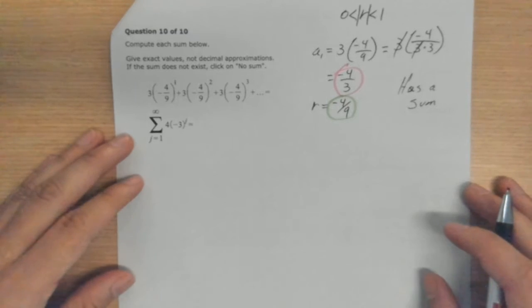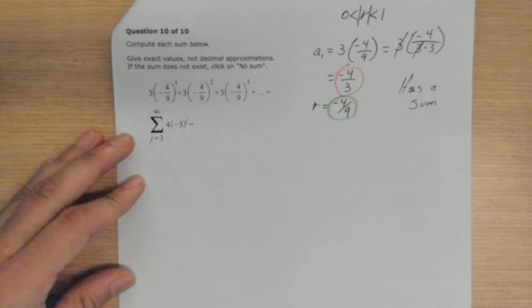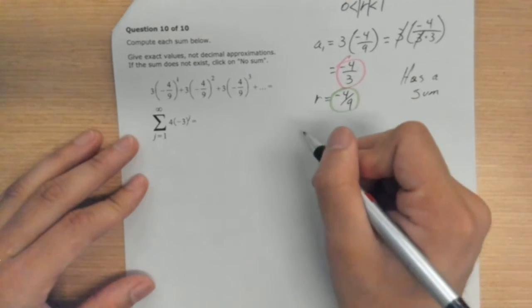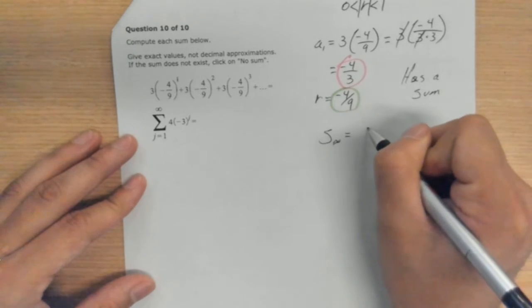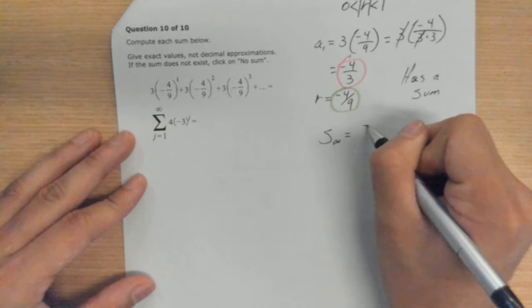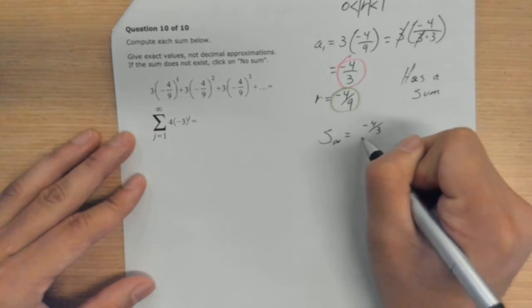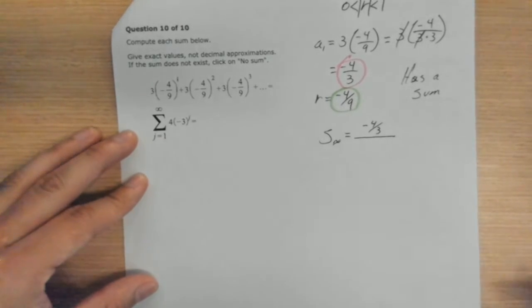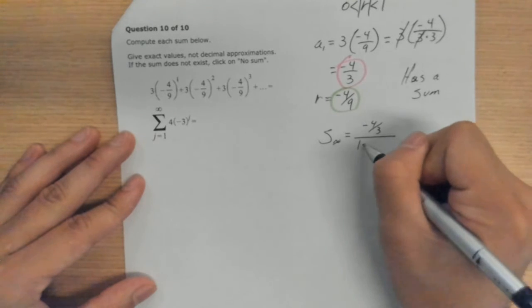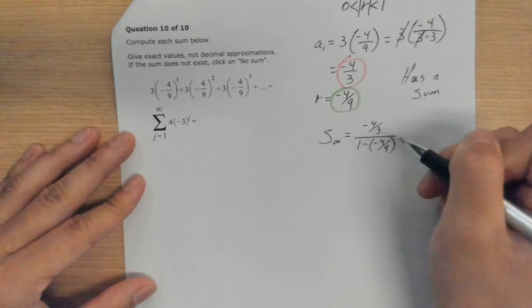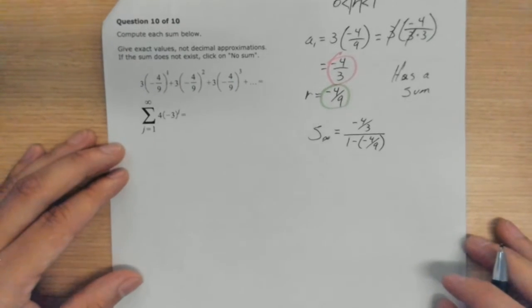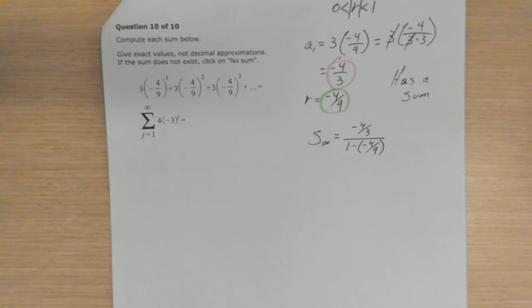Alright, so let's see. My equation says that the infinite sum, S sub infinity, is going to be equal to the first term, minus 4/3, divided by 1 minus the common ratio, so 1 minus 4/9. Now I have to simplify this.